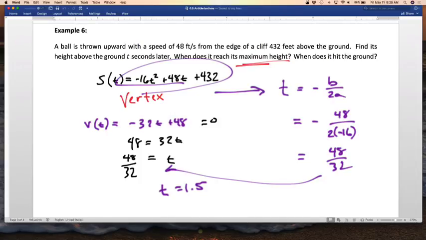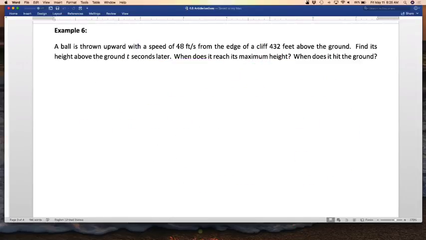All right, the last question to ask there is, when does it hit the ground? Not a problem we're going to solve with our derivatives. That's just basic algebra. You set your position equation equal to 0 because you want the height to be 0. This is not a factorable equation. Oops, that should be a 432.